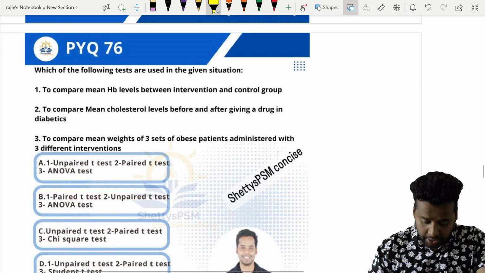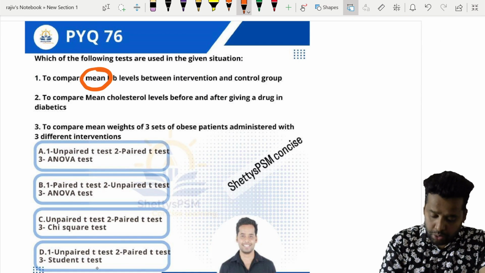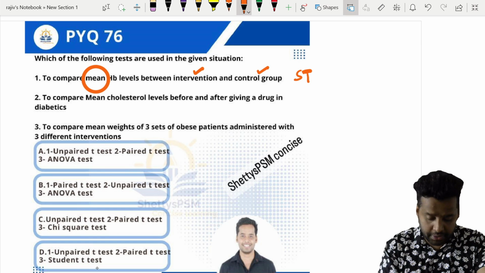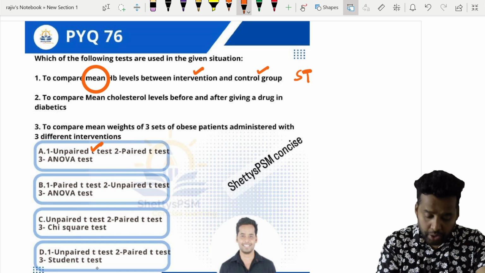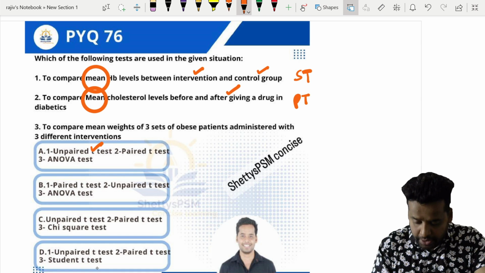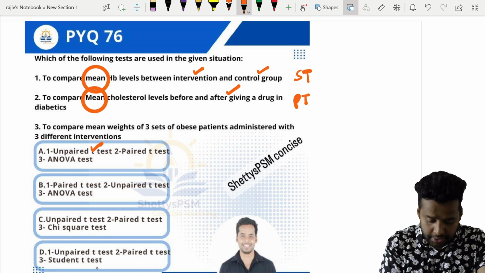Very important question. What are the tests used? If I am telling mean, two groups, between two groups, student t-test, also called unpaired t-test. Mean, one group before after intervention, we are using paired t-test.